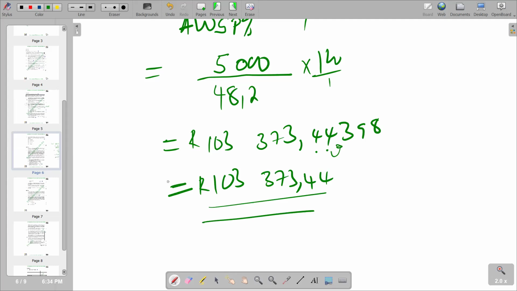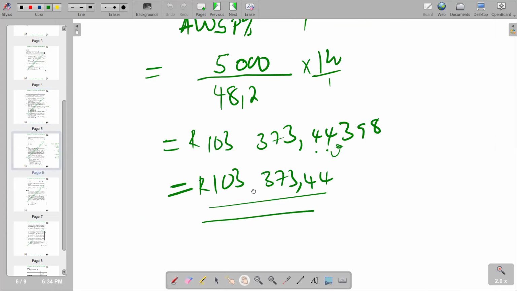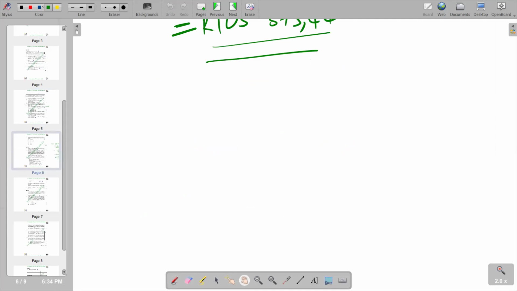Having that, we can now move on to the next part, which is the break-even point in units. On the second part, we are now calculating in units. So we are saying 3.2.2, a break-even point in units.